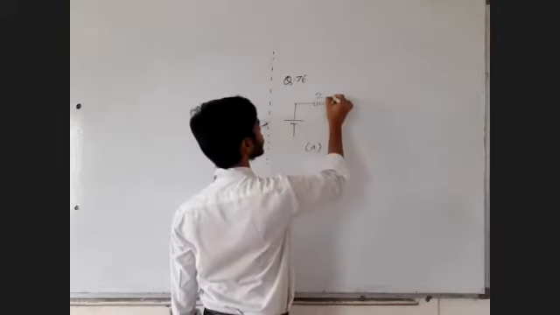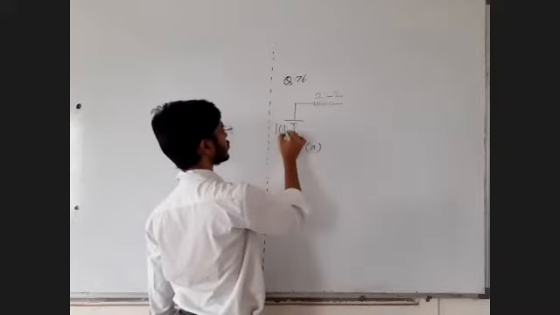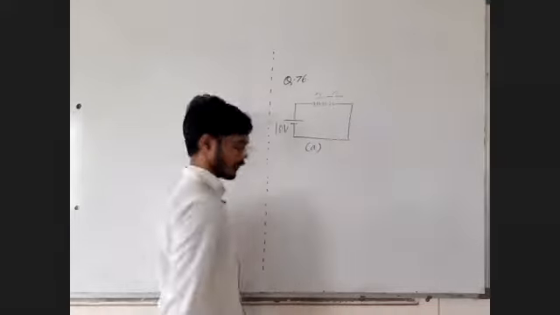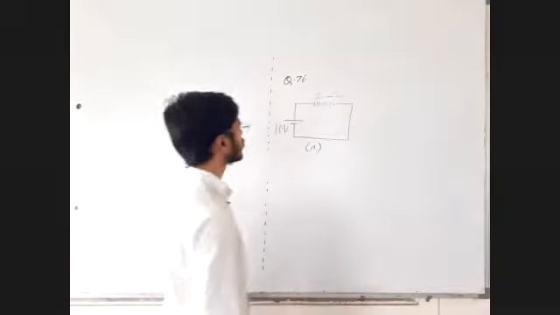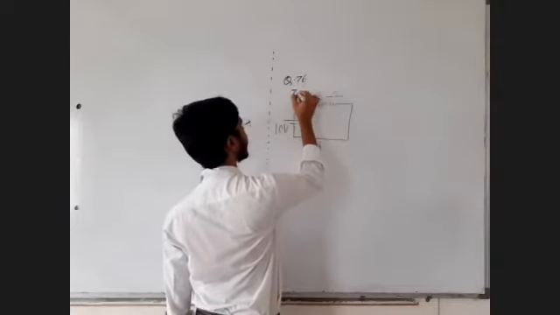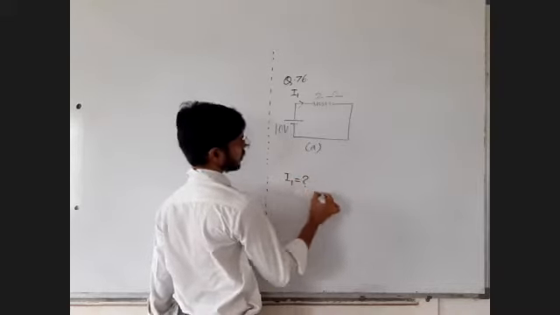That's a very simple task. 10-volt battery, 2 ohm resistance. Current in this circuit, let us call this current as I1. I1 is equal to question mark.